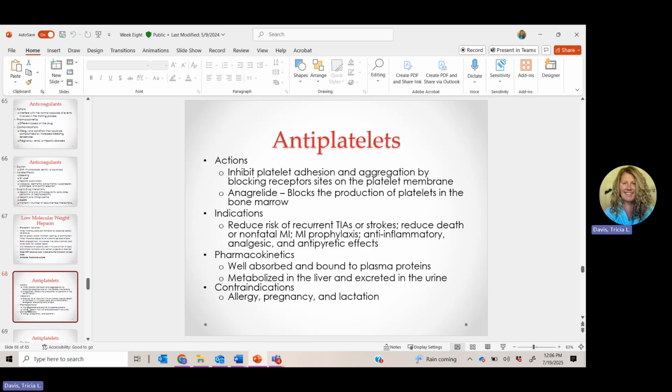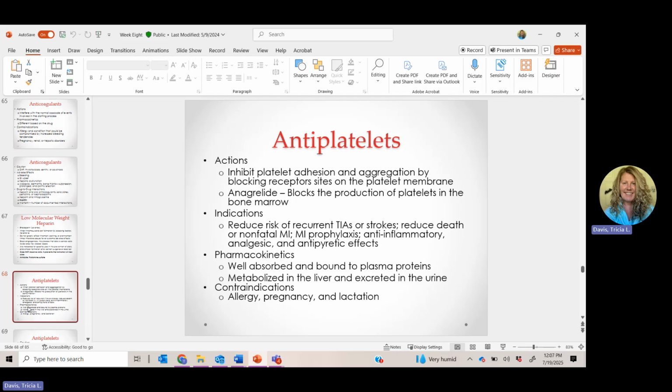Next class of medications are antiplatelets. These inhibit platelet adhesion and aggregation by blocking the receptor sites, okay? We're worried about patients developing clots, so it reduces the risk of recurrent strokes, TIAs. It reduces death from myocardial infarctions.